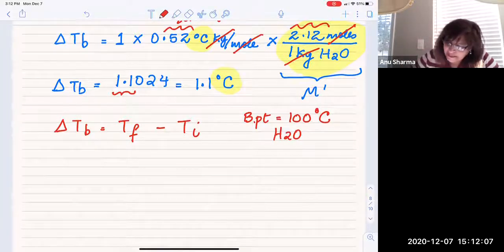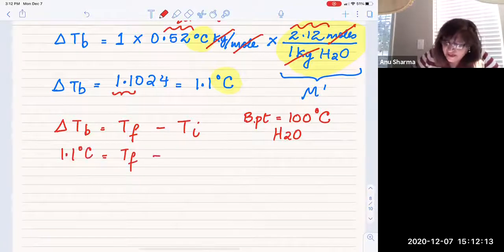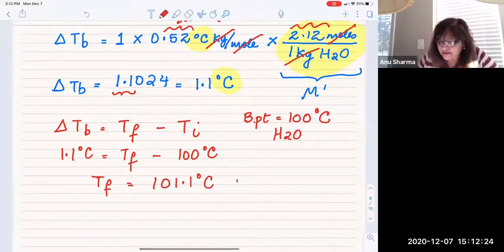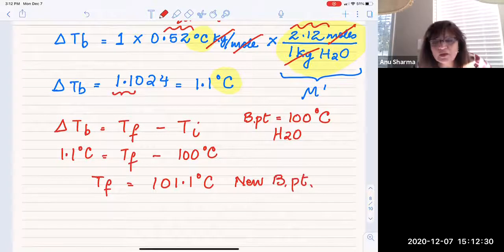So we need to find T final. The change was 1.1 and the T initial was 100, so T final is 101.1 degrees Celsius. That is the new boiling point after you added the glucose.